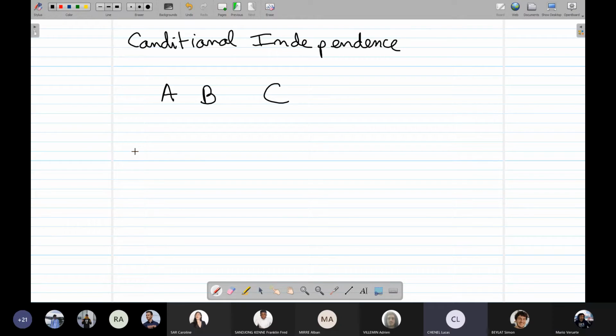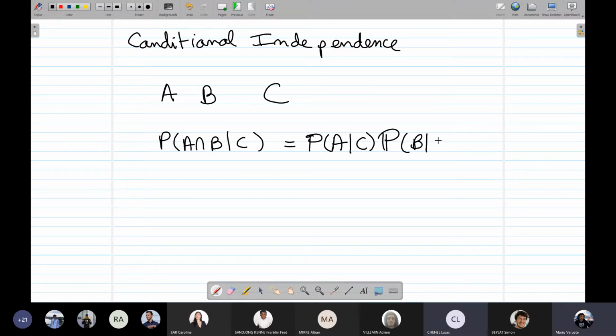Si la probabilité de A inter B sachant C égale la probabilité de A sachant C plus la probabilité de B sachant C, je dirais. Ou fois, je sais pas. Attends, quoi du coup? La probabilité de A sachant C fois la probabilité de B sachant C. Yeah, that's precisely the answer. That's the conditional independence for events.